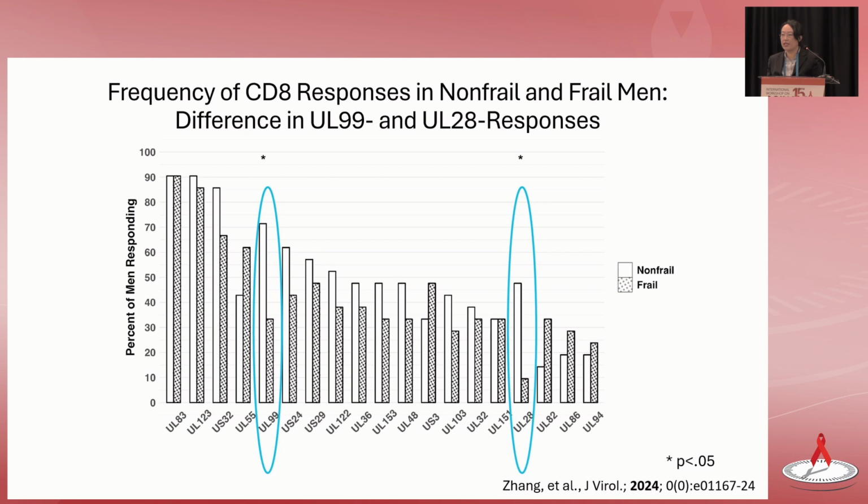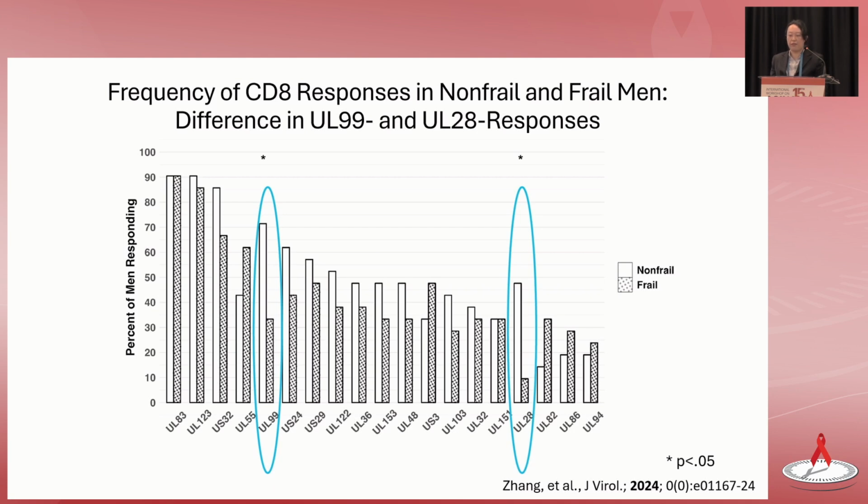Next, we examined if frequency of CD8 responses to any CMV ORFs differed by frailty status. In this graph, the y-axis represents the percent of men responding to peptide pools spanning a given CMV ORF, and the x-axis lists all the CMV ORFs that we tested.